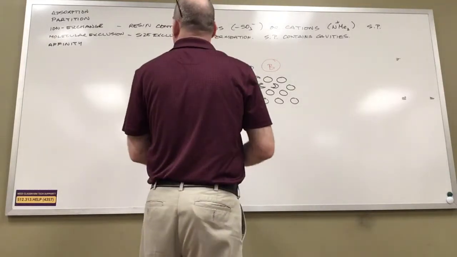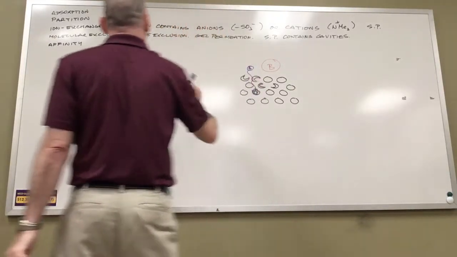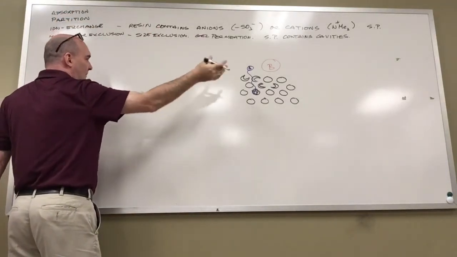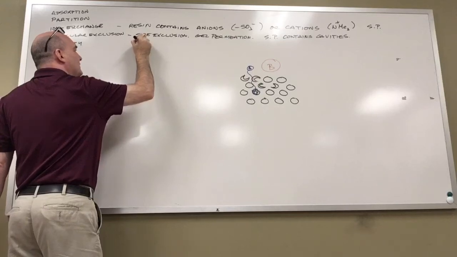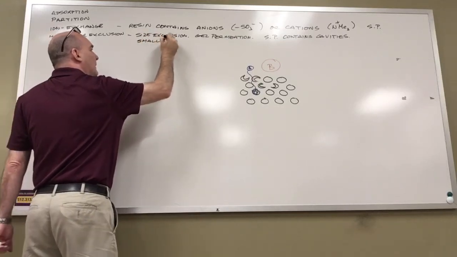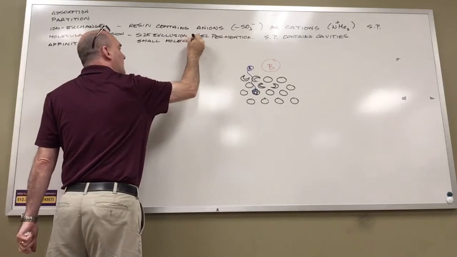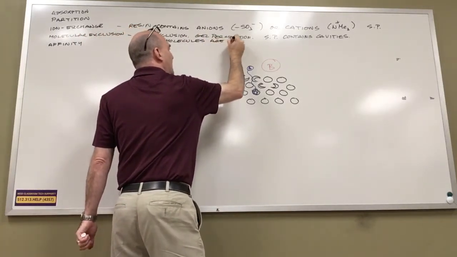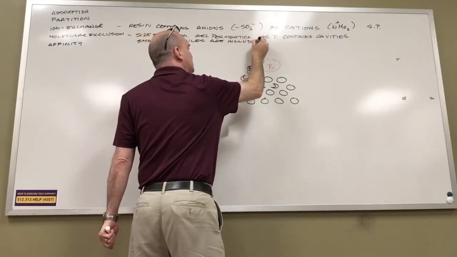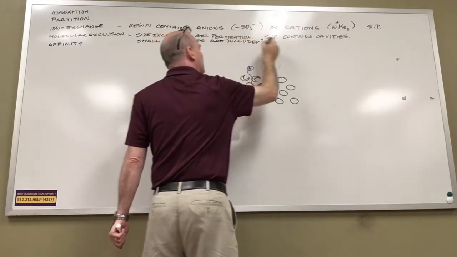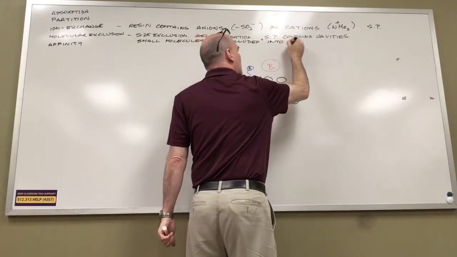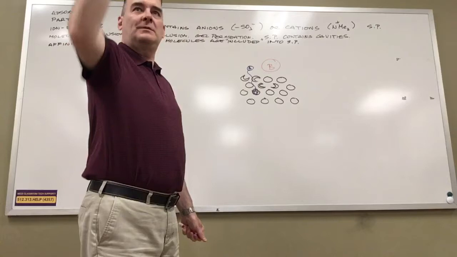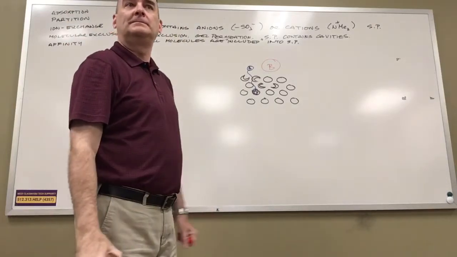And so what happens in size exclusion is contrary to what you would get the other way around, is that small molecules are included into the stationary phase, and that retards their elution from the column.